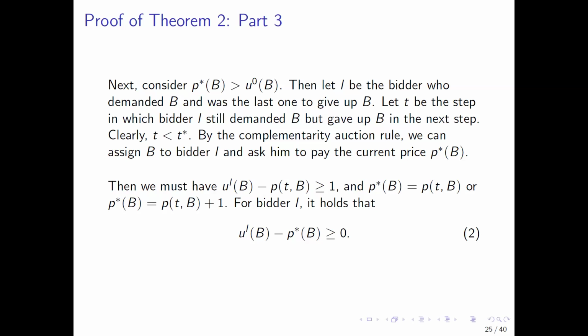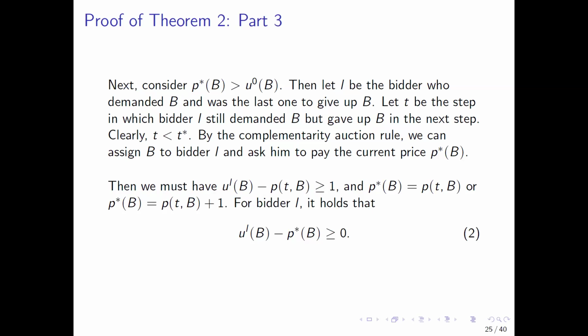Why? Because by the auction rule, if it's 0, then the bidder should report the empty set. And because all values are integers, this must be true.